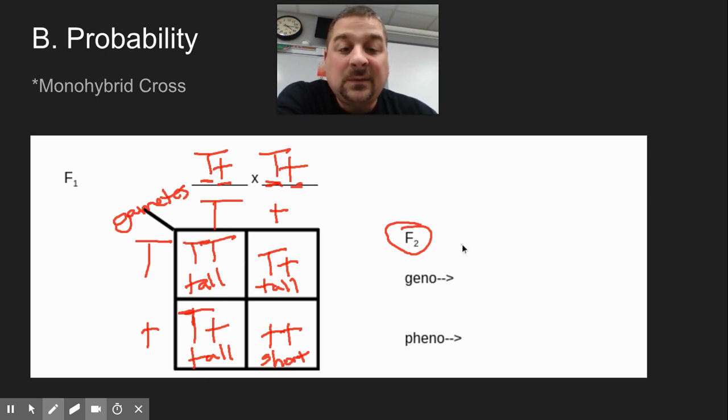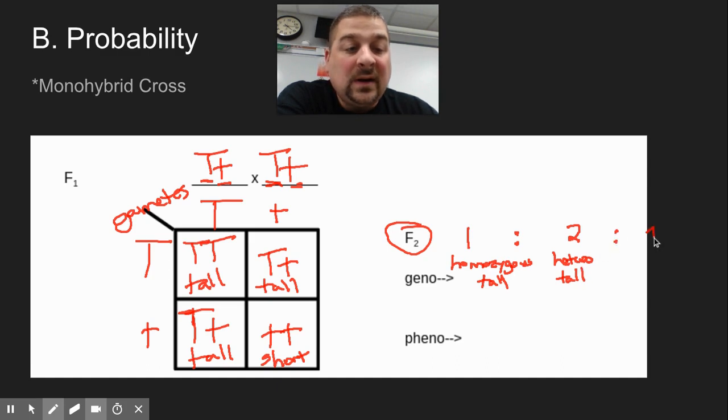The first one is going to be homozygous tall, to 2 heterozygous tall, to 1 homozygous recessive.